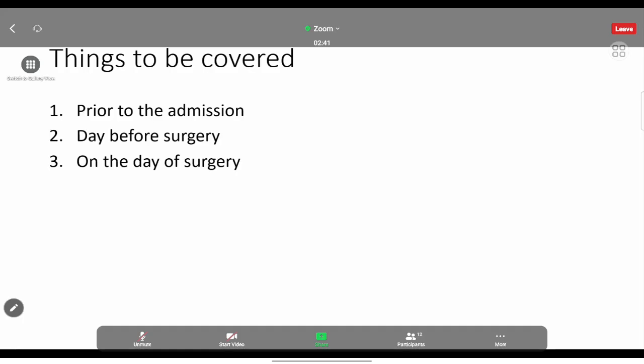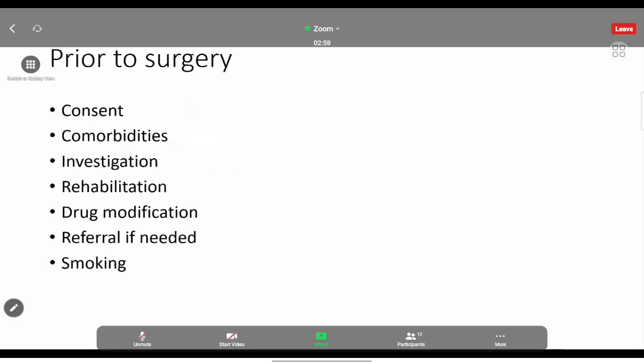The next one is the day before surgery, because patients usually get admitted the day before the planned surgery, and there are certain things to be done then. The last is the day of surgery. So we will categorize into three categories and look at each and everything.